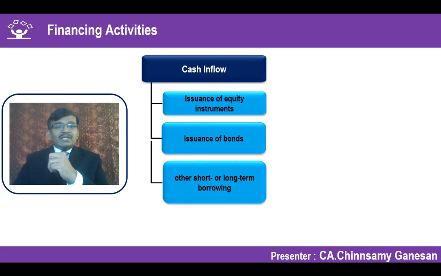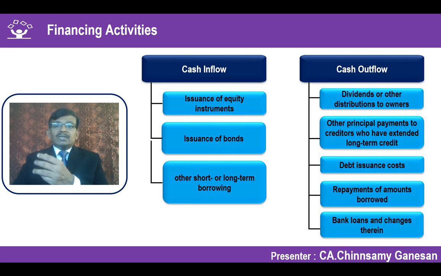The financing activities, cash inflows are issue of equity instrument, issuance of bonds, and long-term and short-term borrowings from banks and other persons. Cash outflows could be dividend, principal repayments of creditors who have extended long-term credit.